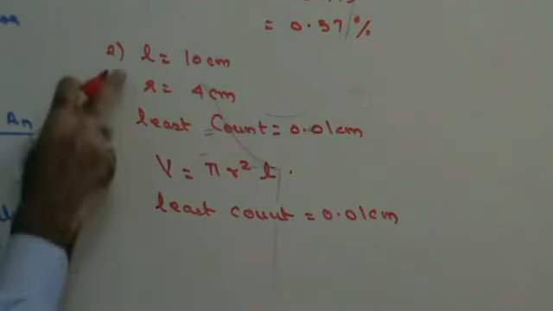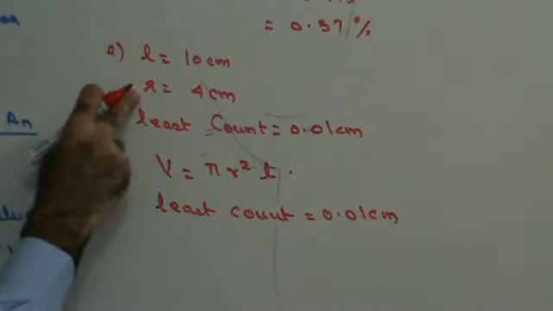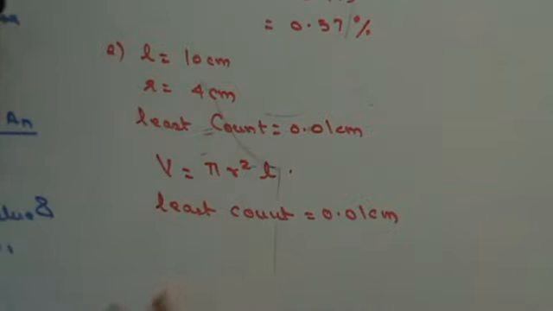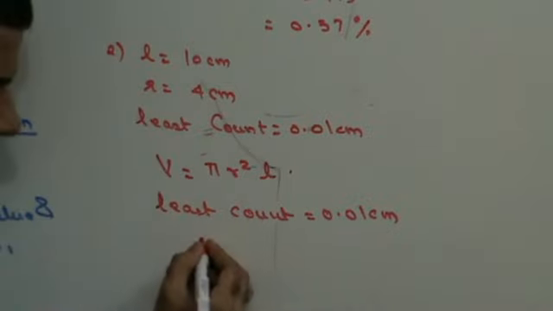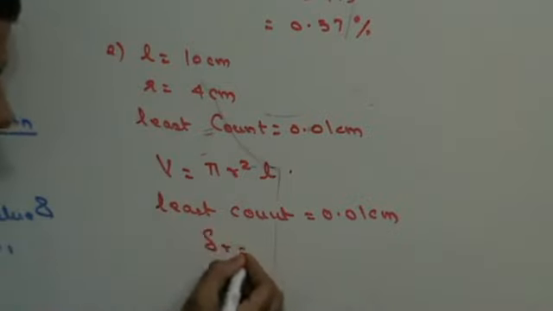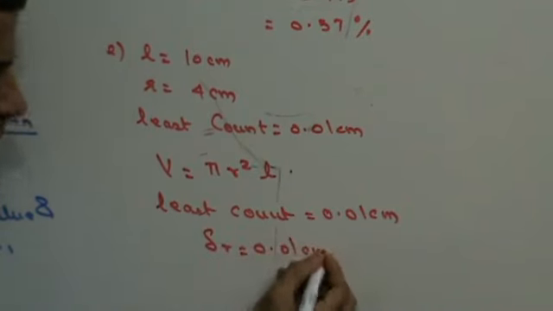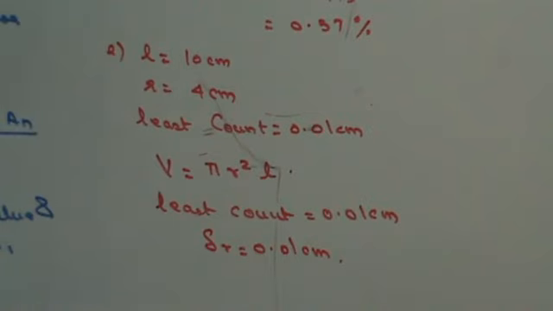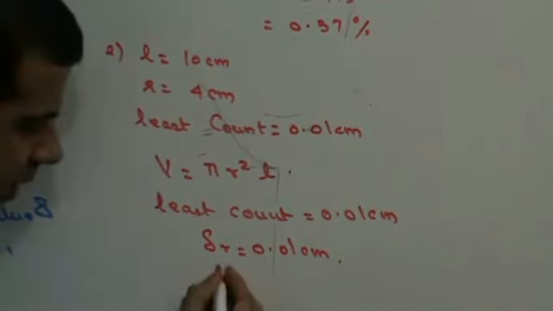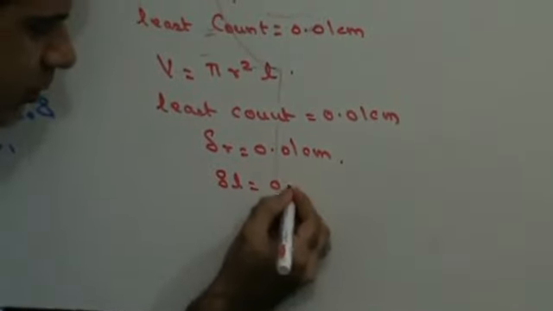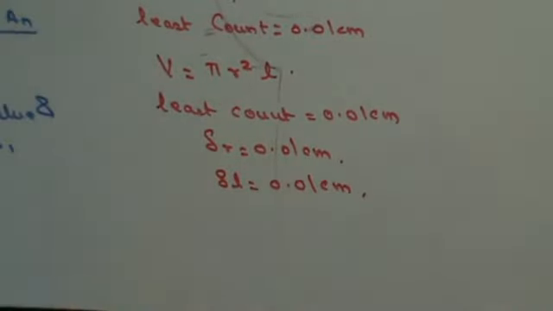What are the two things I'm measuring? I'm measuring length and radius. Both are being measured with the help of the vernier caliper. So therefore, the error in the radius will be 0.01 centimeters. So your delta R will be 0.01 centimeter and delta L will also be 0.01 centimeters.